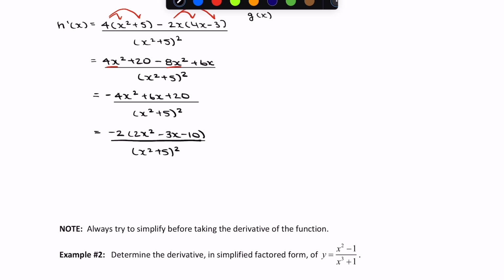And so we see that the derivative of this function will be negative 2 times the bracket 2x squared minus 3x minus 10, over x squared plus 5 squared.